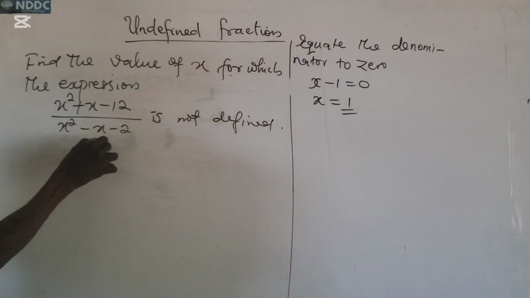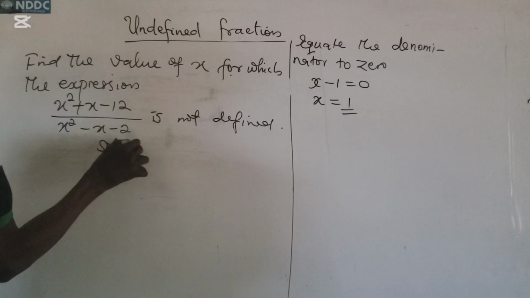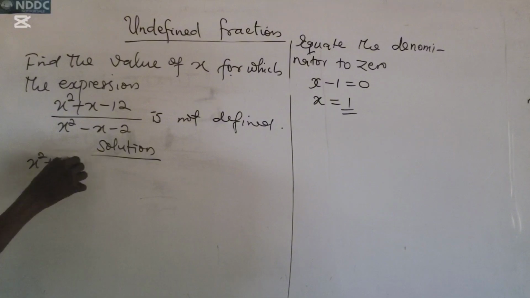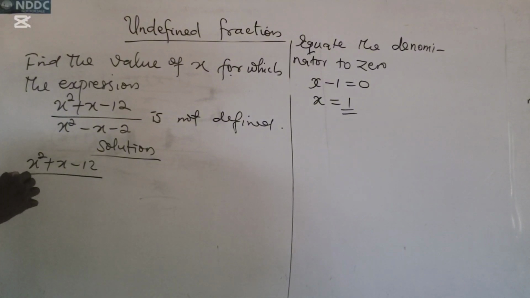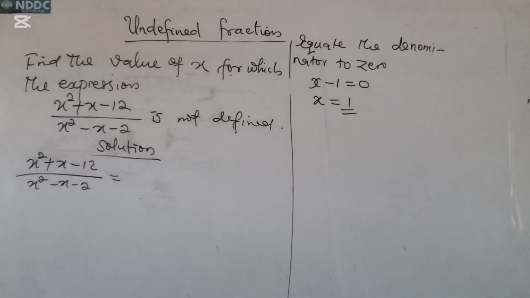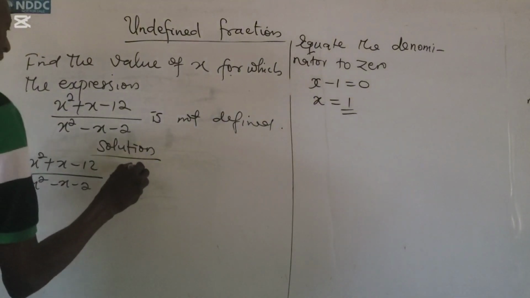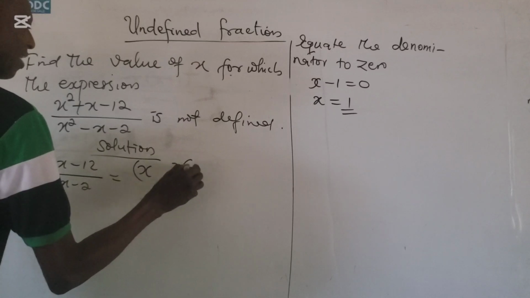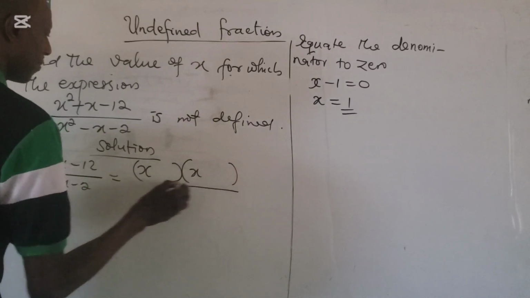Now, like what I said, let us factorize this expression. So x squared plus x minus 12 over x squared minus x minus 2. When you factorize that expression, we have x here in this bracket, and x here in that bracket.